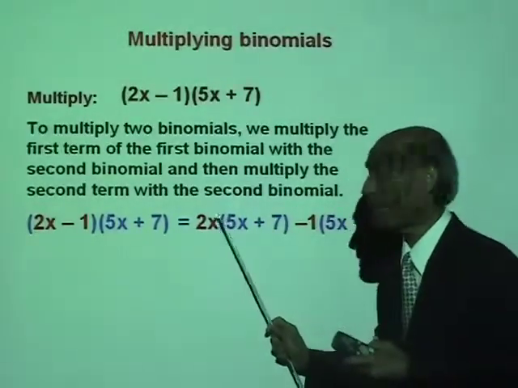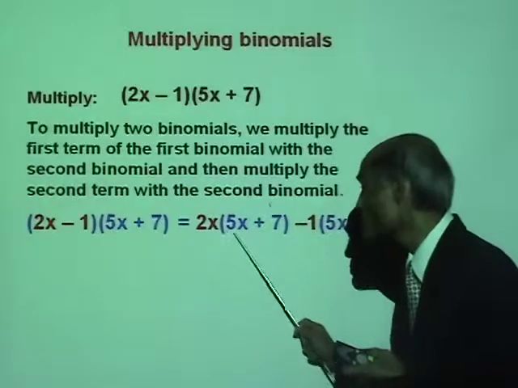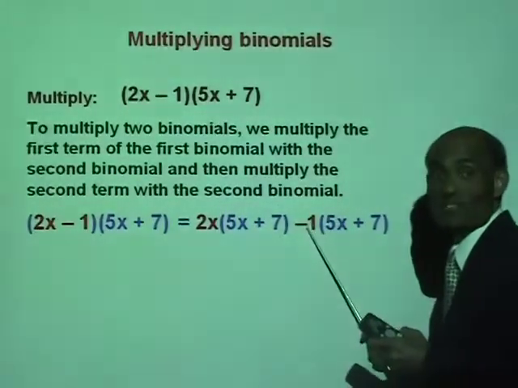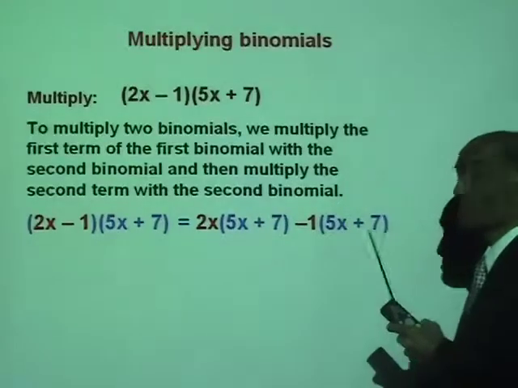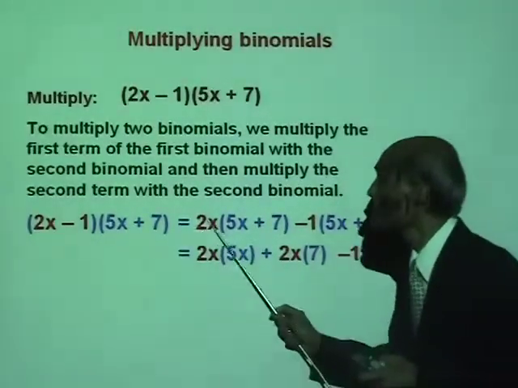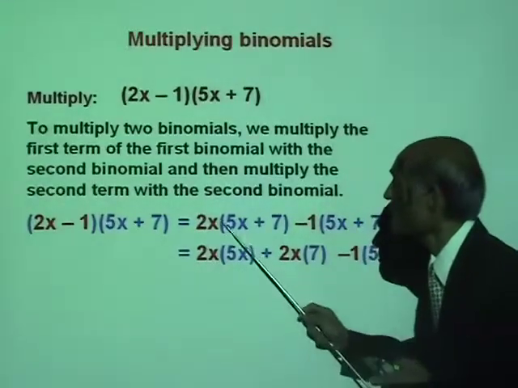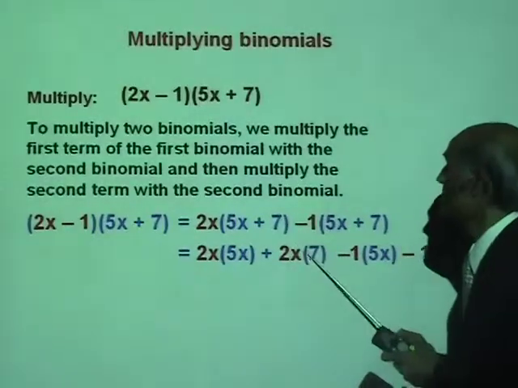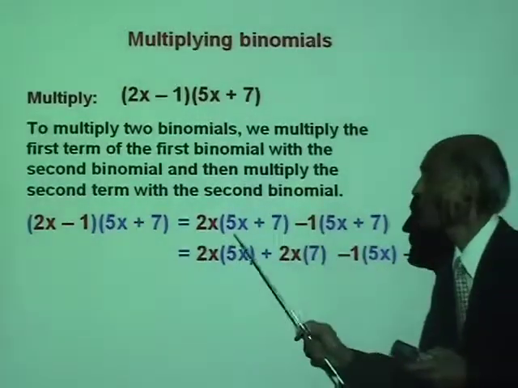You know how to do that. Distribute 2x into this parenthesis and distribute that negative 1 into this parenthesis. What will happen? That will be 2x multiplied by 5x plus 2x multiplied by 7. Right?